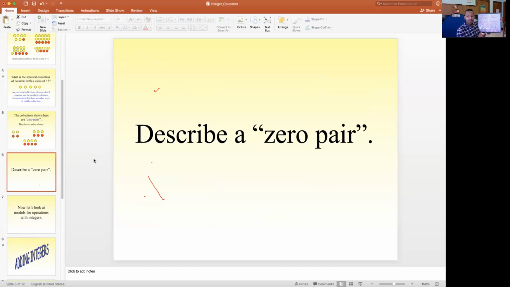So by definition, a 0 pair is either an equal number of yellow and red counters or a positive and negative number that sums to 0.